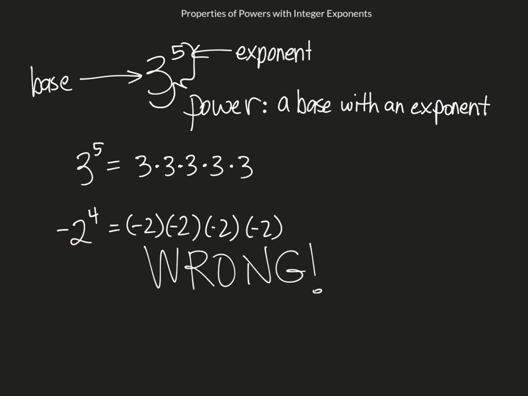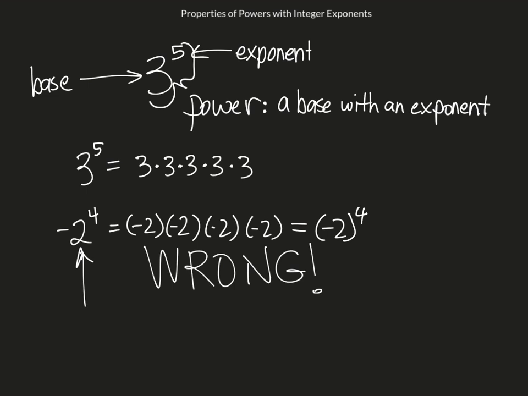Well, the base is actually 2, not -2. How would it have been written if the base were -2? It would have had the negative in parentheses with the 2. So the base is just 2.